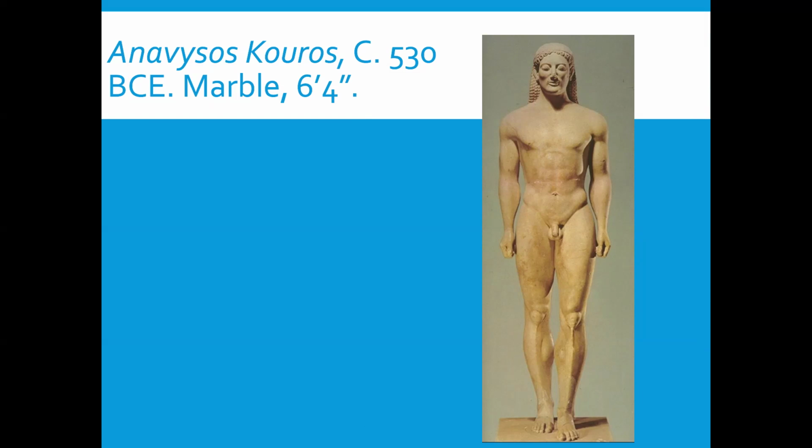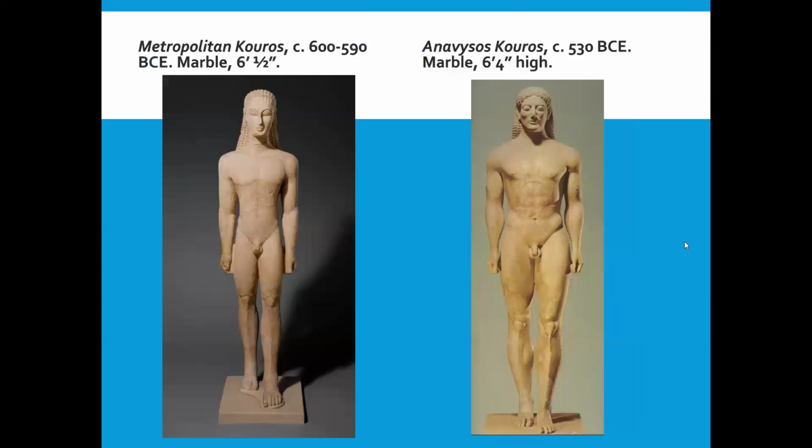So there'd be some elements of Croesus, but it's certainly not a true portrait. And you can see the difference just a few decades can make for the naturalism of the Koros figure.